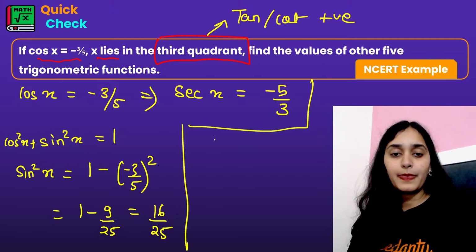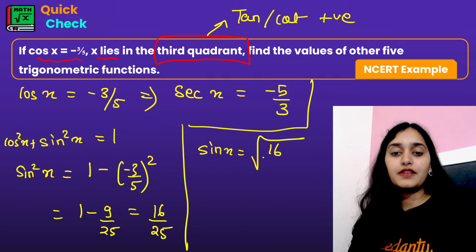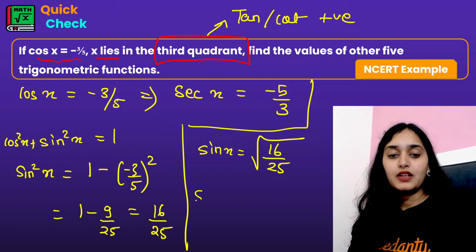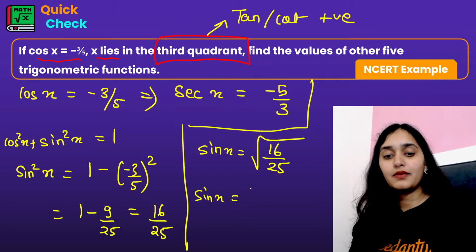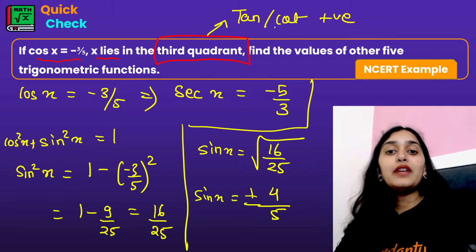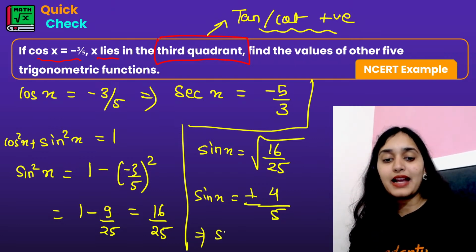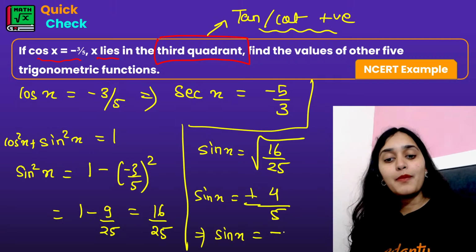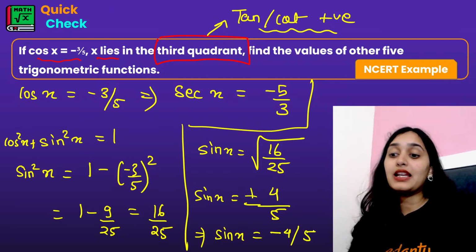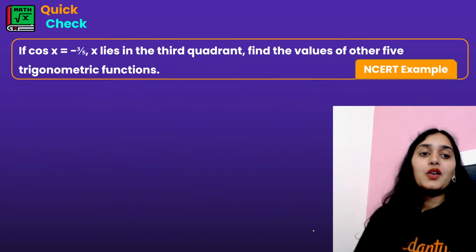Therefore, sin x is square root of 16 upon 25. So sin x is plus minus 4 by 5. But we know that only tan and cot are positive. This implies that sin x is -4 upon 5. It cannot be positive. Okay.